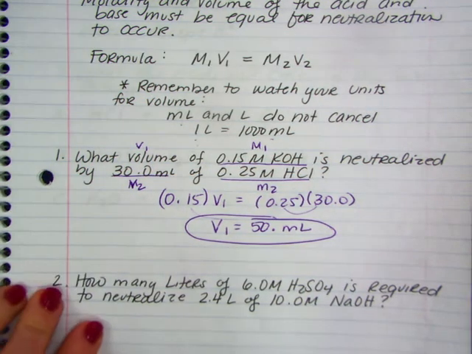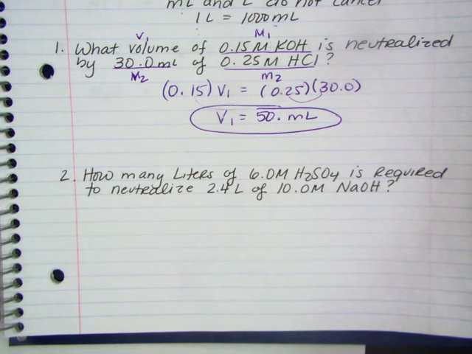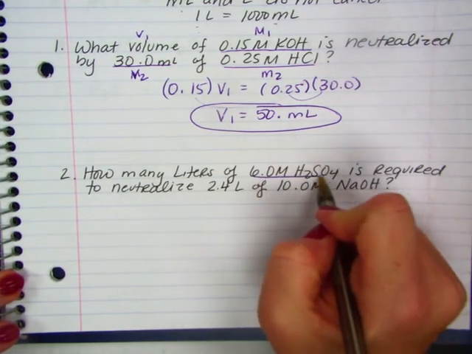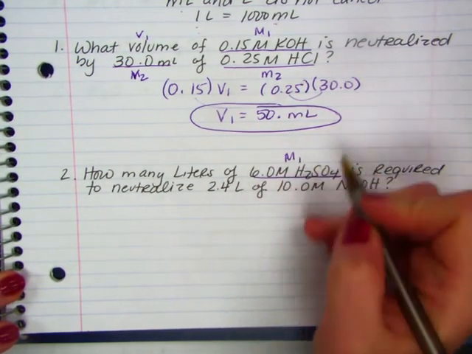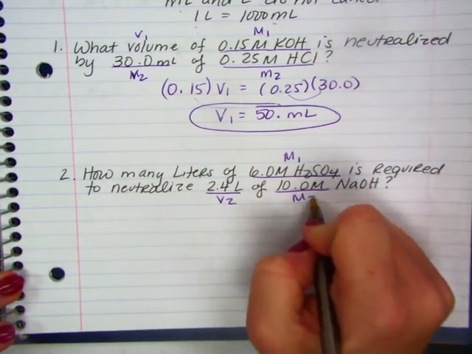How many liters of 6 molar sulfuric acid is required to neutralize 2.4 liters of 10.0 molar sodium hydroxide? So this is my M1, this is my V2, this is my M2.